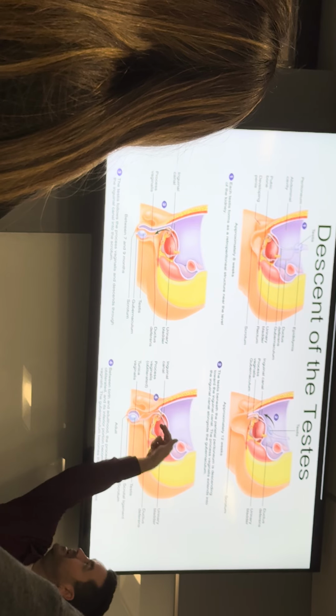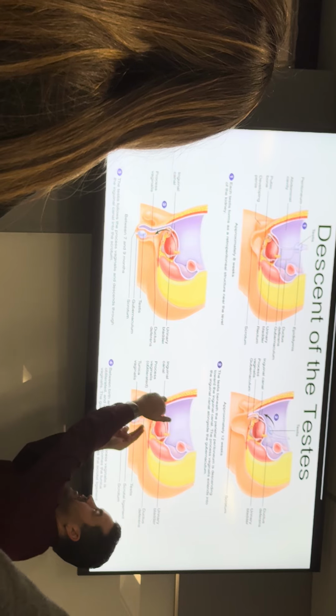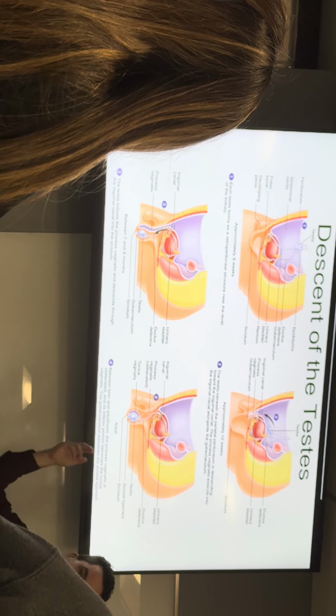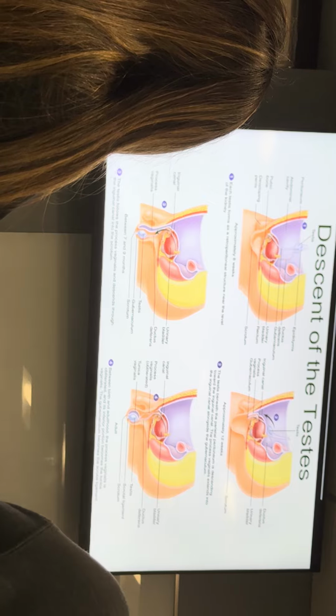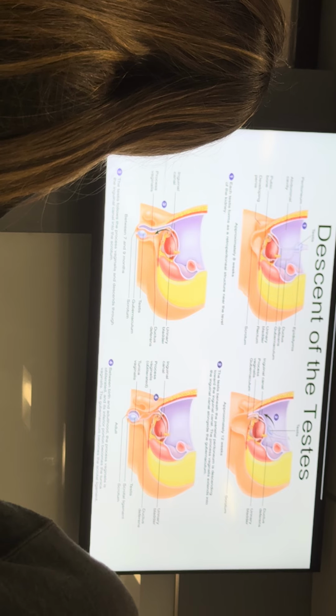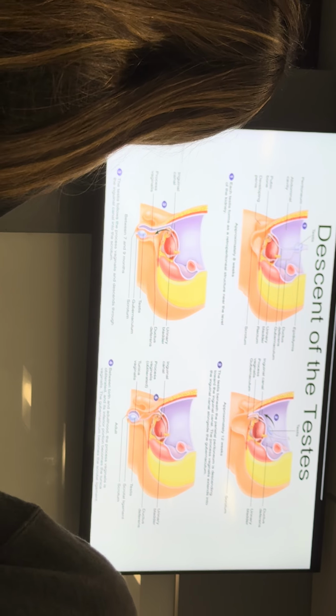If you have a hernia, it's most likely going to come out through there, and the doctors can feel your intestines touching their fingers. That means you have a hernia. If you don't have a hernia, then they don't feel it. It's not a pleasant thing for guys to go through in middle school.